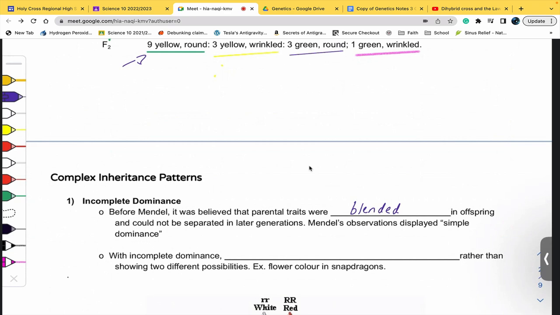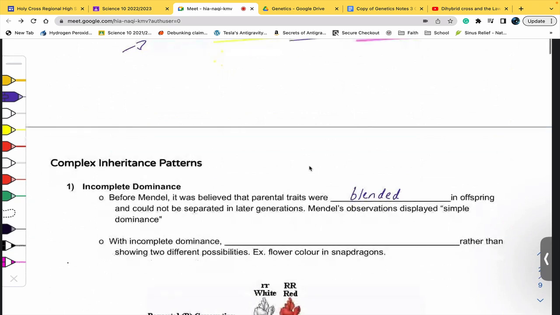With incomplete dominance, 2 phenotypes are blended. So the appearance is blended.